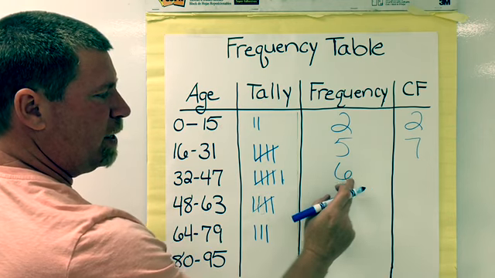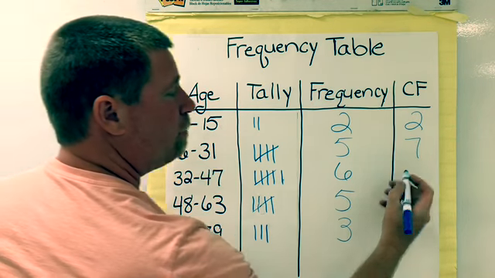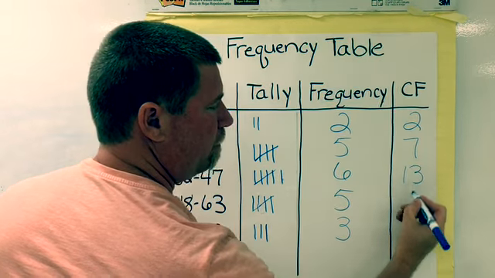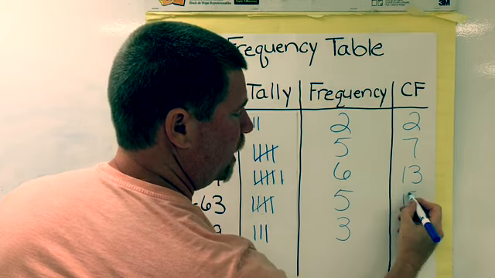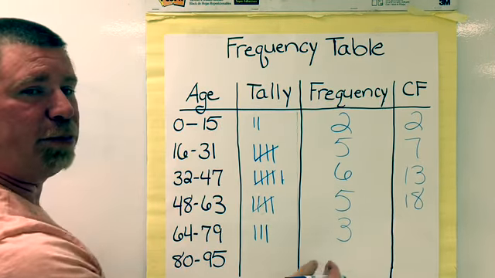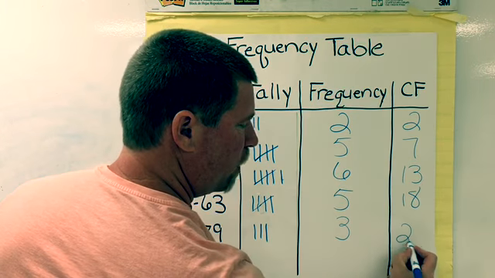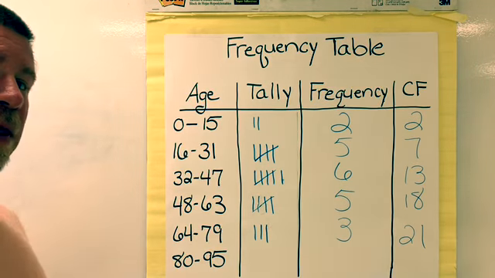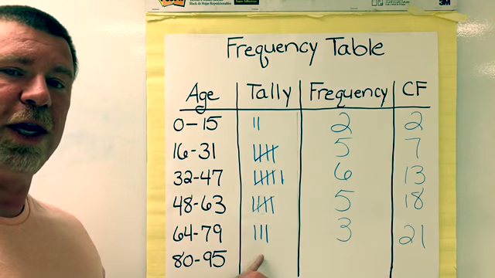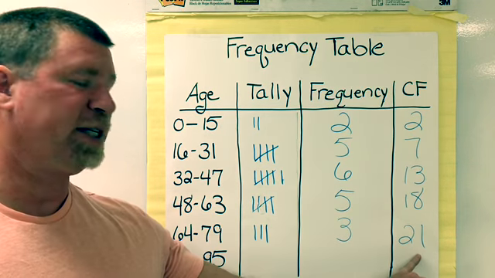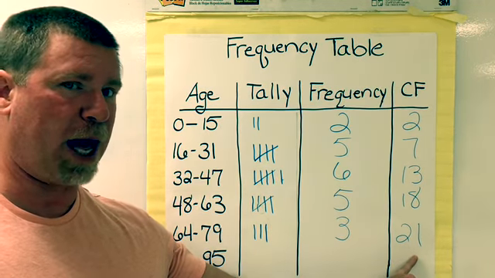And then 7 plus the next 6 frequencies is 13. And then 13 plus the next 5 is 18. And 18 plus the next 3 is 21. Now, one thing to keep in mind is, however many tally marks you have here, you should have that same amount down here at the bottom of the cumulative frequency column.